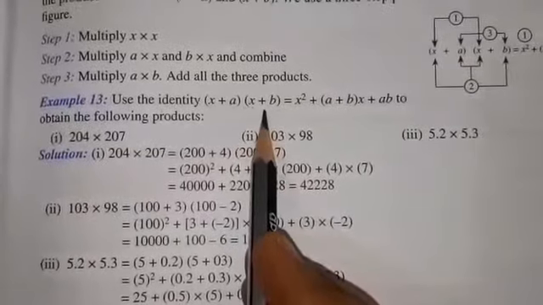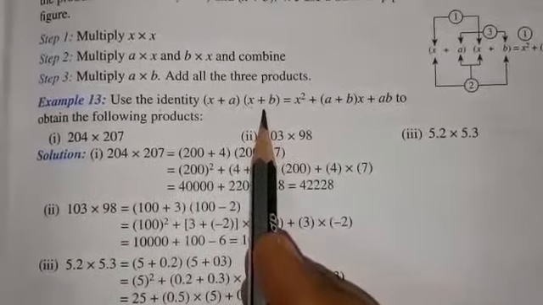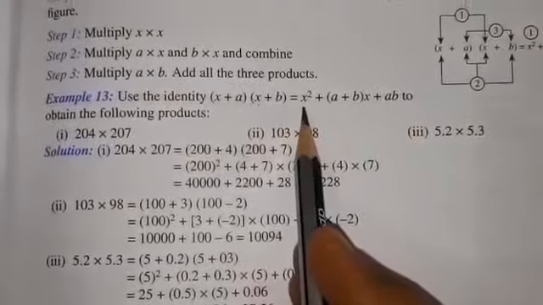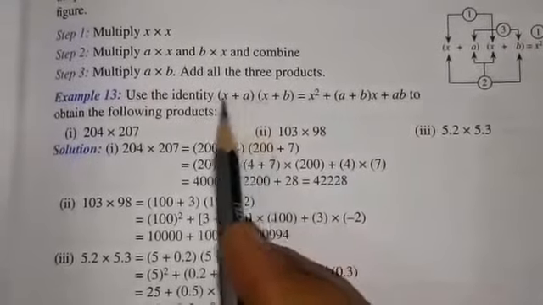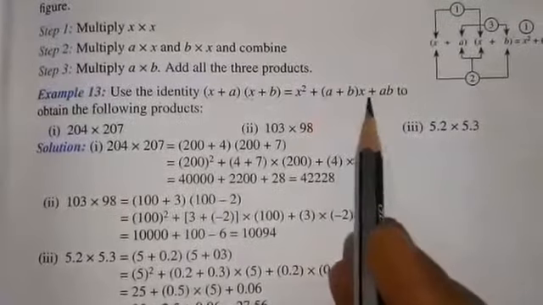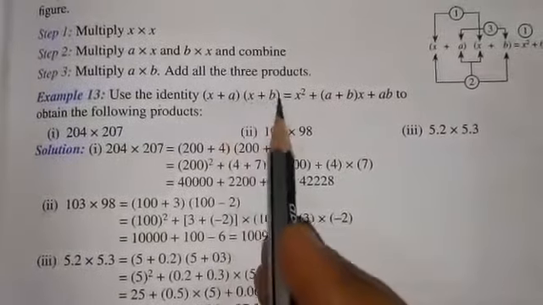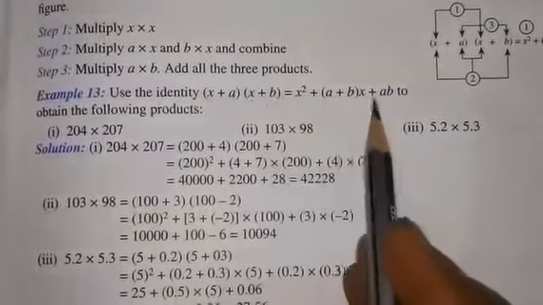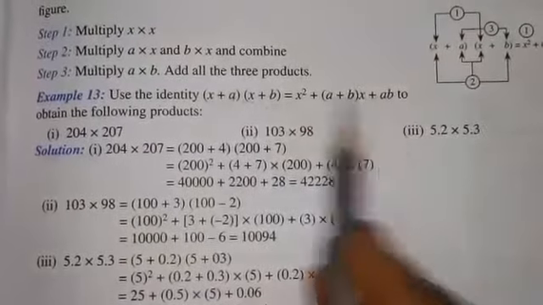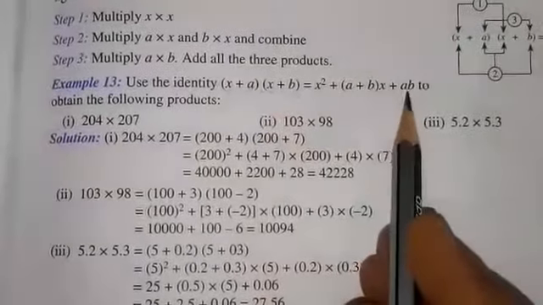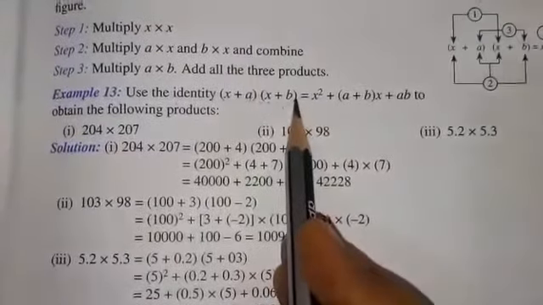So when we have to find the product of binomials of the form (x + a)(x + b), then the product will be x², that is, we need to square the first term, plus (a + b) of x, plus ab, meaning a into b.